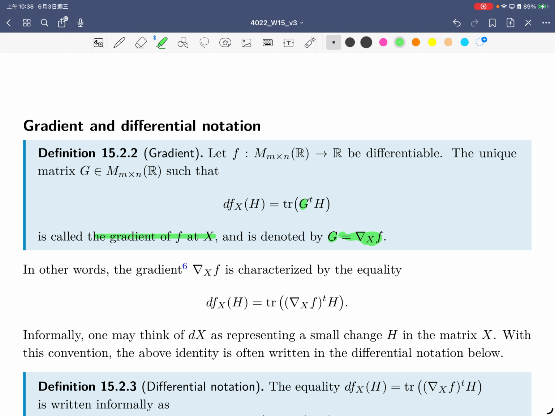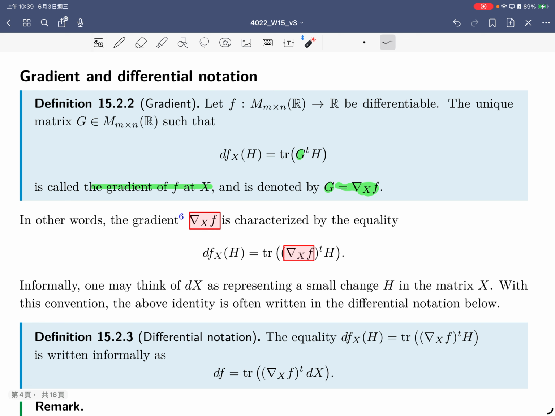In other words, the gradient is the unique matrix that satisfies this relation. So if you write the derivative as a trace, with something in the front with a transpose, then this matrix is called the gradient. We don't call it gradient vector anymore. So we have this fundamental equation relating derivative and gradient.